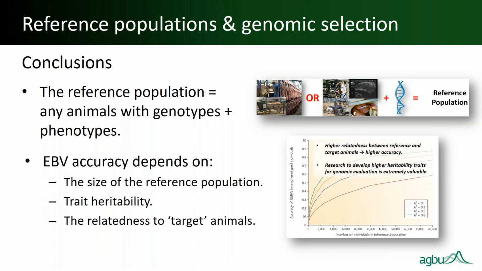And accuracy of recording is really important in both of those sectors. EBV accuracy, driven by this, is a function of a couple of things, including how accurate we want these EBVs to be, the size of the reference population, the heritability of the traits involved, and really importantly, the relatedness of target animals to the reference.